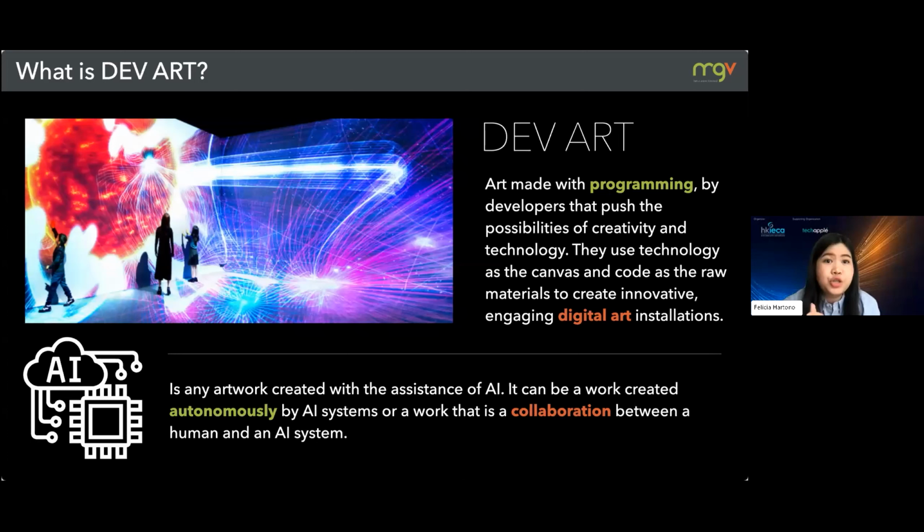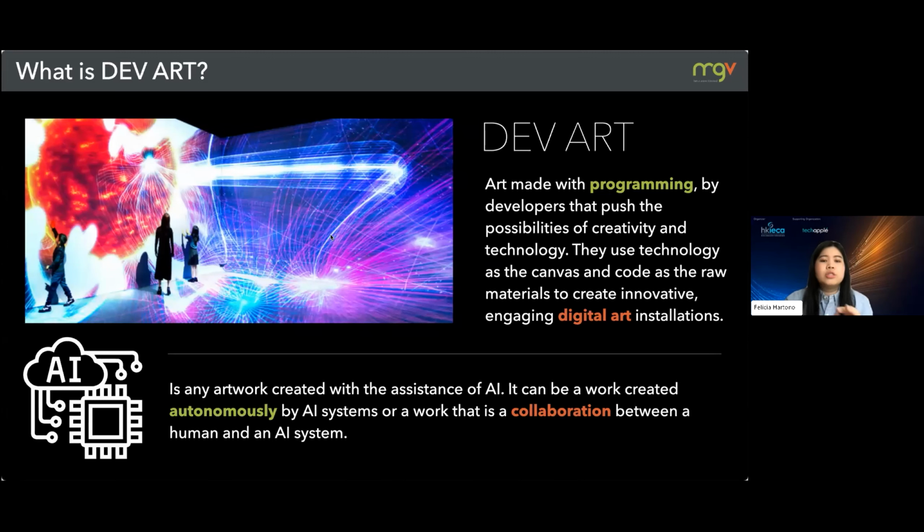All the pictures I showed you earlier were done autonomously by an AI system, with no human collaboration involved. That shows just how amazing the advancements in AI art have been. After understanding what dev art and AI art are, let's look at more sample cases of these technologies being used.